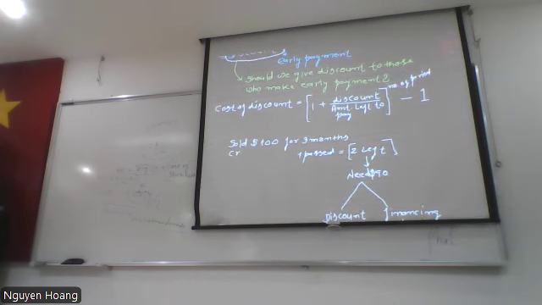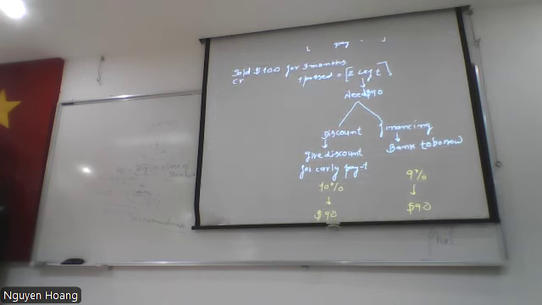I'm just trying to explain that if your cost of discounts is greater than the cost of borrowing money to fill the gap, then you will not choose this option. You will not give discounts to customers if your cost of discounts is higher than the cost of borrowing debtors.